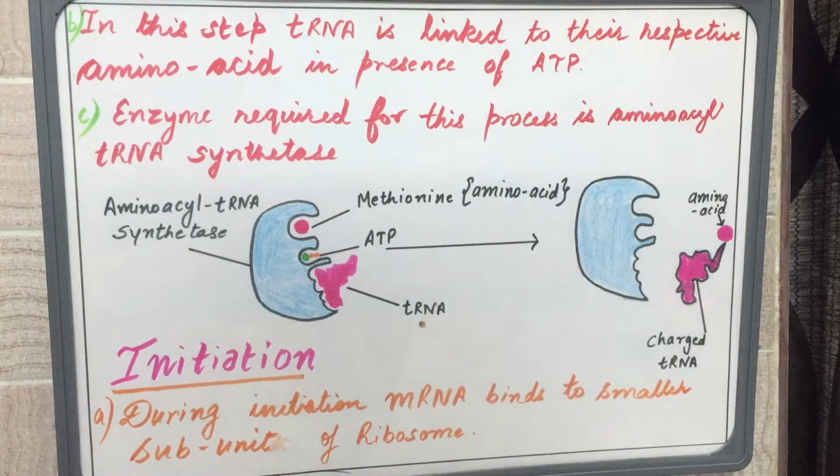The enzyme required for this process is amino acyl tRNA synthetase. So it is also known as amino acylation of tRNA.